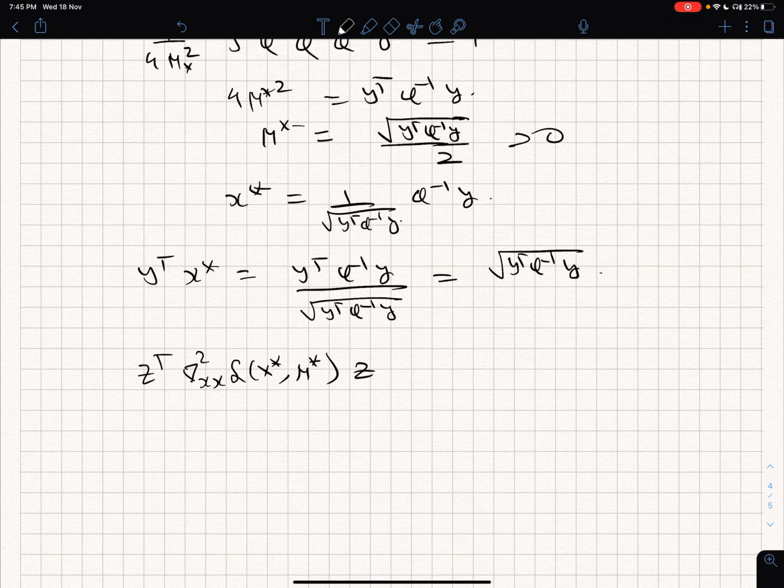Where the z comes from the null space of the active inequality constraint. So your gradient vector was 2 times of qx. So therefore this is going to be x transpose of the gradient.